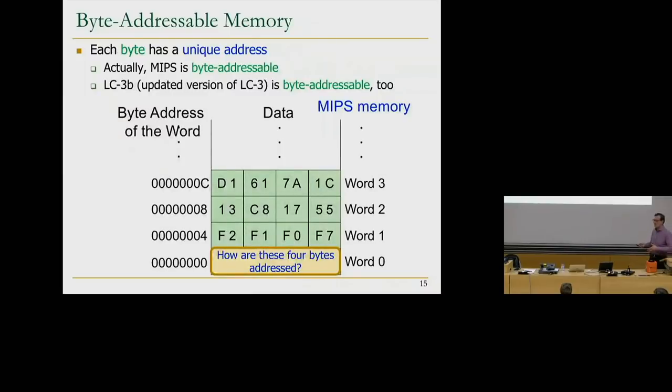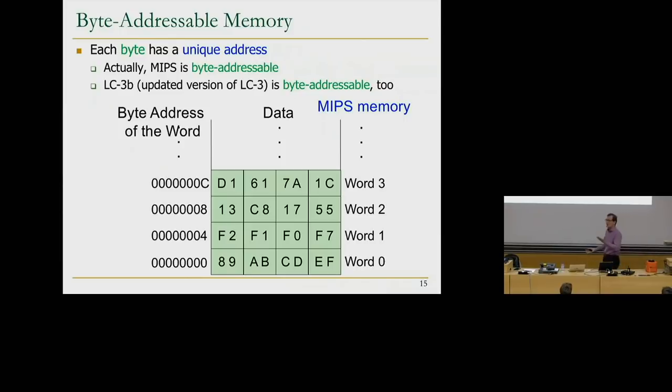Basically, this is similar to the question of, is this the most significant byte in your 32-bit word? Let's assume that your word is like this, and you assume that this is the most significant byte. So this is the least significant byte. So these are bigger numbers if you have a 32-bit word. You may address the most significant byte as address 0, or you may address the least significant byte at address 0.